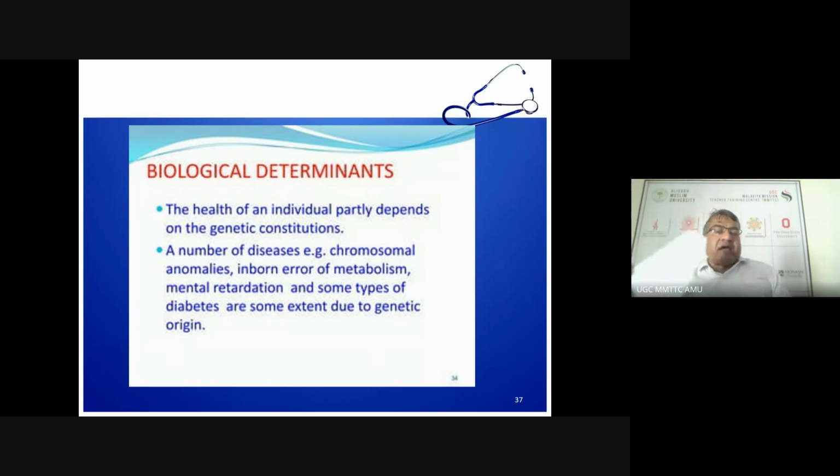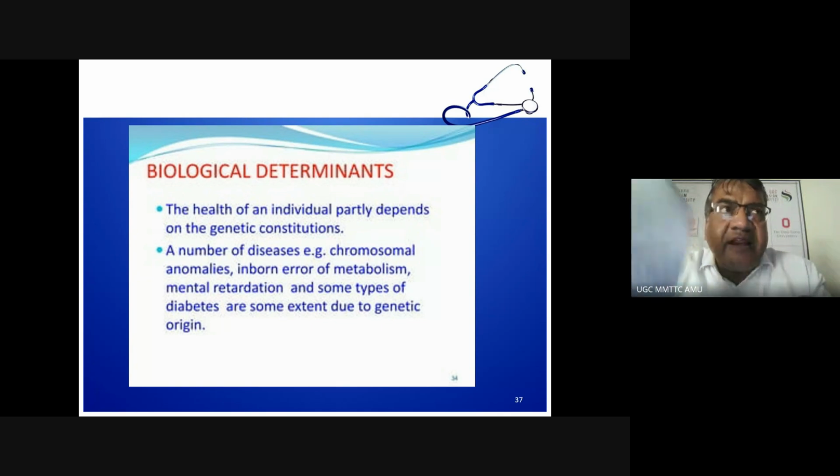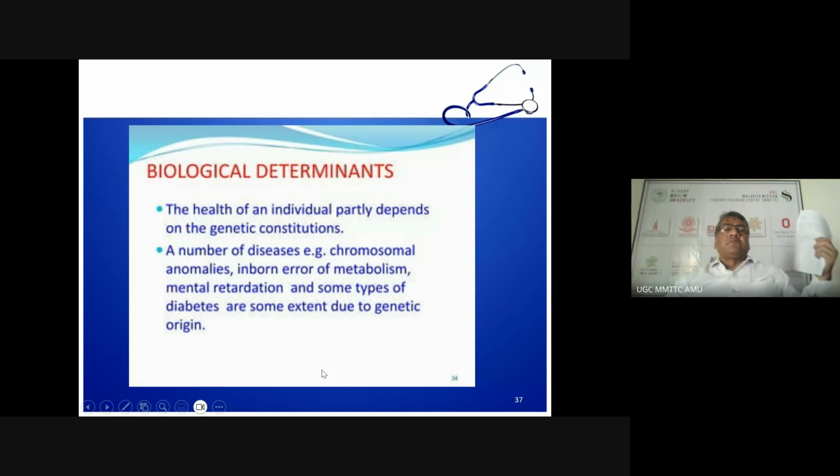Type 1 diabetes is also genetic in origin. Type 1 is when there is no or less production of insulin. Type 2 diabetes is basically a defect or problem with the action of insulin at the receptor site.